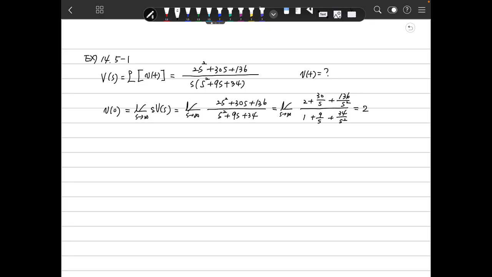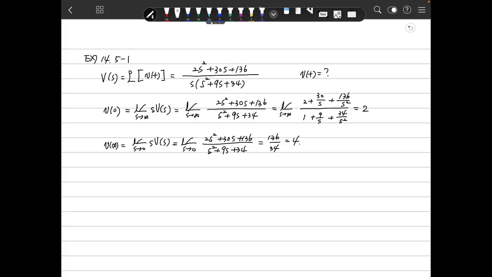So it will be 2. This is the initial value of v. And we get the final value. v(infinity) is the limit as s goes to 0 of sV(s), which is 136 over 34. That will be 4.